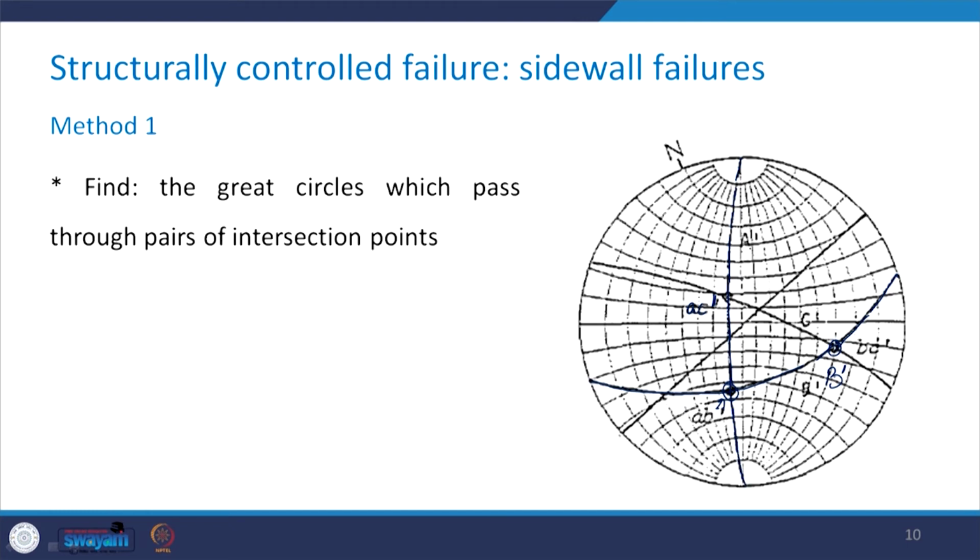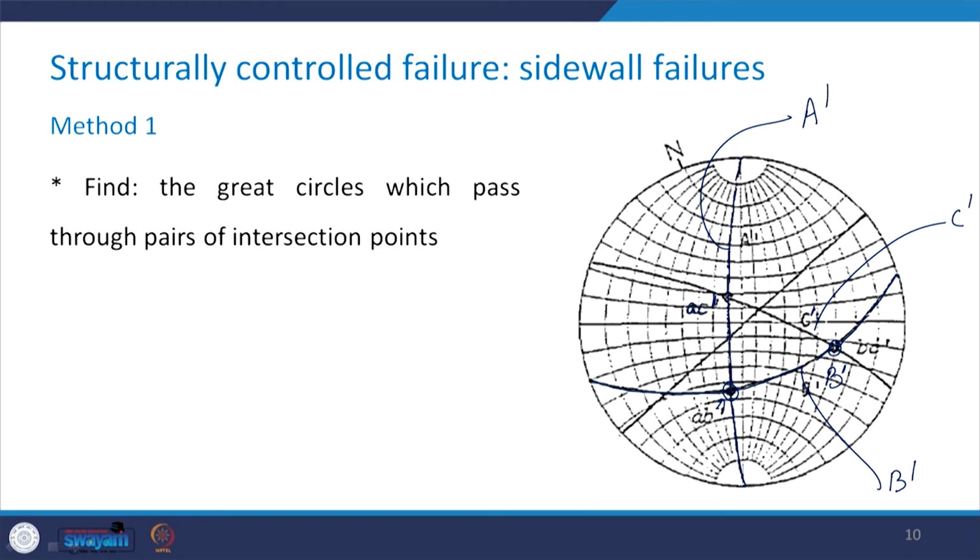and here you see that the plane A is common here. So, we are calling this great circle A prime. In this case it was B prime, and similarly this one is going to be represented as C prime.